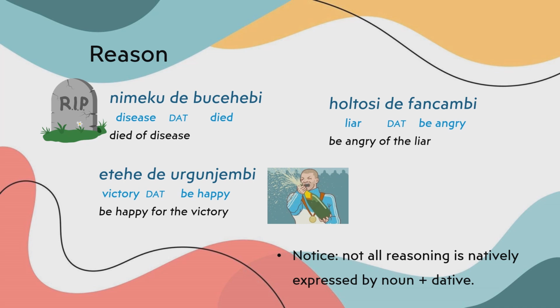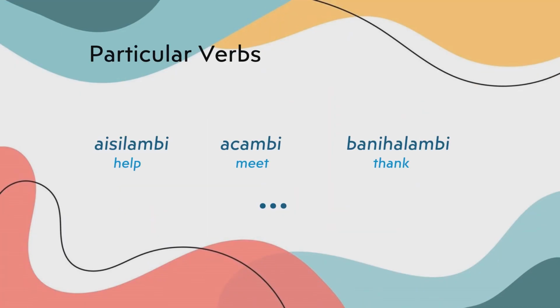Alright, the third way of using dative is to pair it with some particular verbs to denote the so-called direct object. Well, in some languages they are direct objects, but I don't know whether I can call it a direct object in Manchu, because we could have different perspectives in different languages, right?